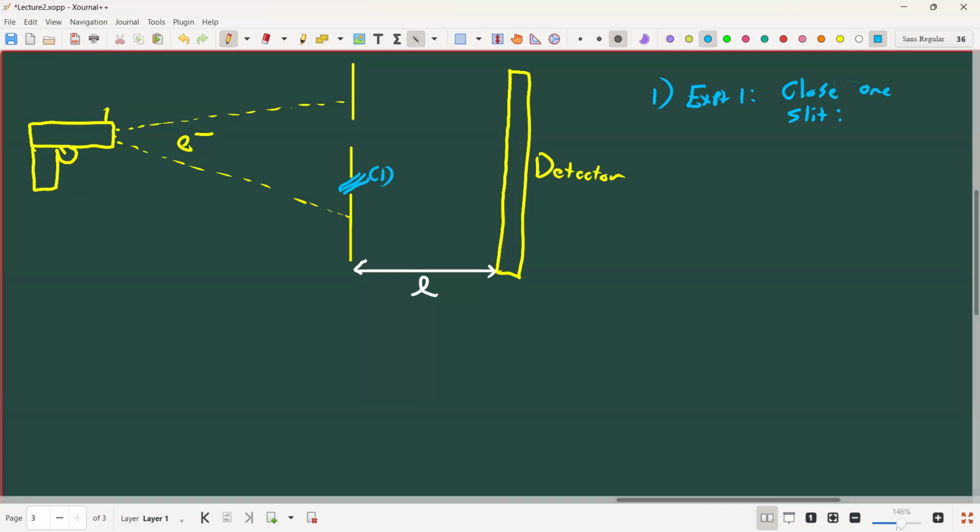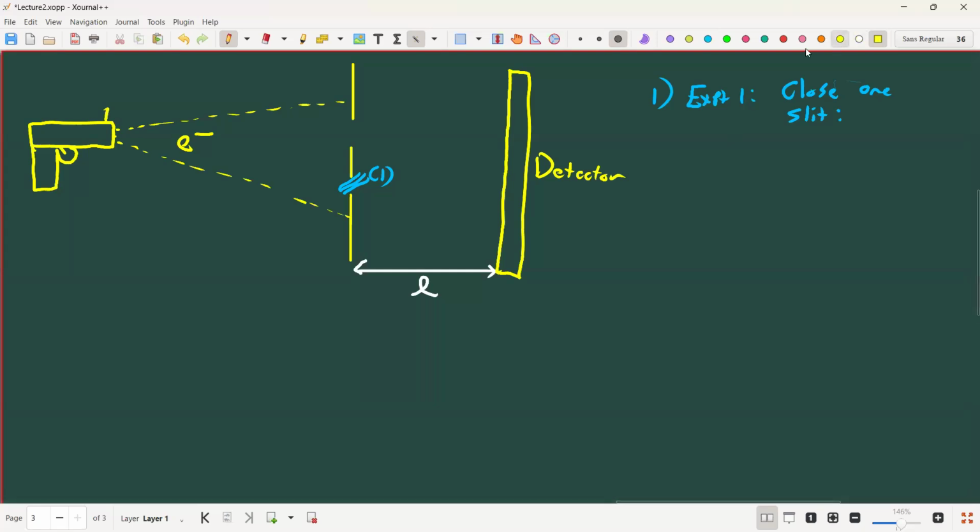So the electrons can only pass through the first slit. Now the question is, what do I see? People do this experiment, and it shouldn't be that interesting, right? The electron has only one path to the detector, right? So the electron is just going to fly out of here, just move on, and hit the detector. Right? So what do I see on the detector?